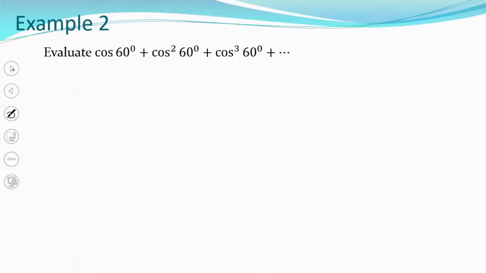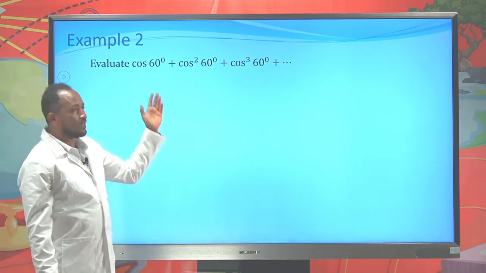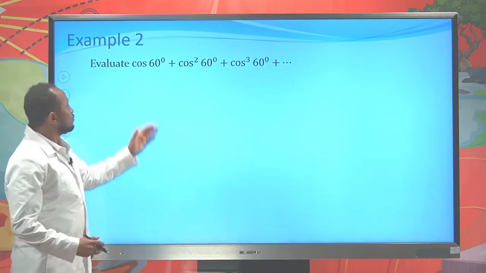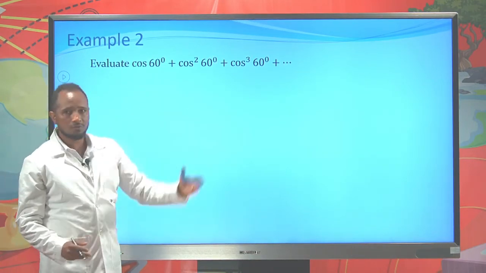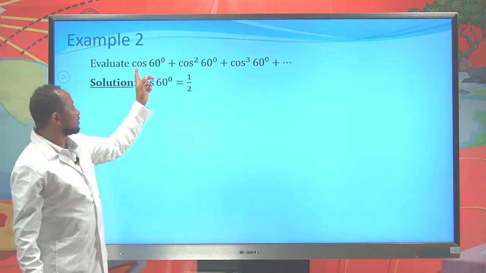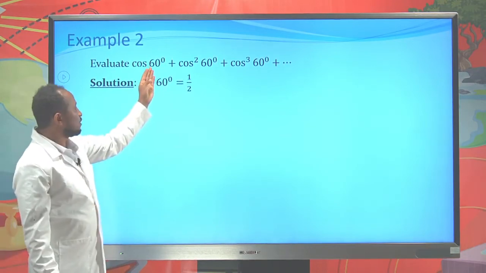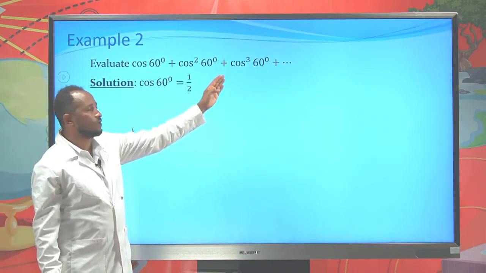Example 2. Okay, you are asked to evaluate this one: cos 60 degrees plus cos squared 60 degrees plus cos cubed 60 degrees. It goes on like this. To find this infinite sum, first we need to see the terms of this series. Since you know cos 60 is 1 over 2, this means 1 over 2 plus 1 over 2 squared plus 1 over 2 cubed, and it goes on.